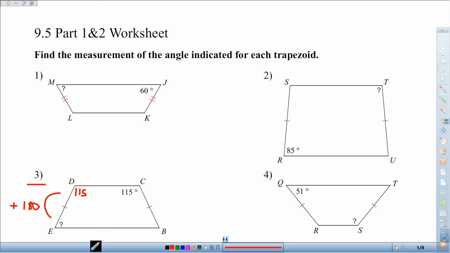So you can just grab your calculator and take 180, subtract 115, and it looks like this is going to be 65 degrees. And that's kind of how these work. So don't overcomplicate these problems. Just be careful with using the rules.